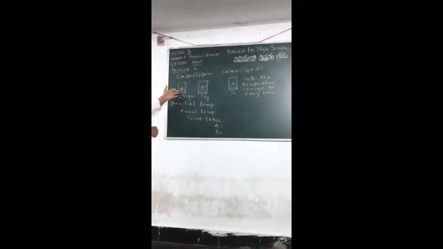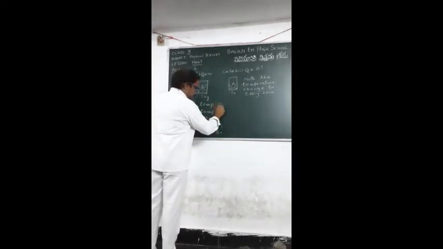In A and B, if you observe, B has more water and A has less water. 250 grams is less than 1 kg. Now, note down the initial temperatures. Let us take the initial temperature as normally 25 degrees centigrade.